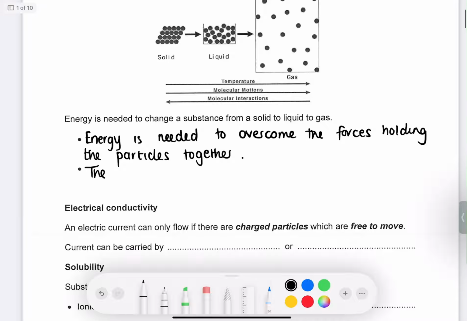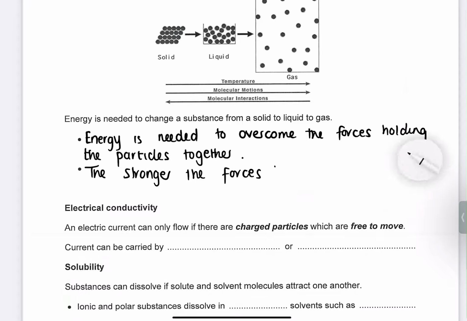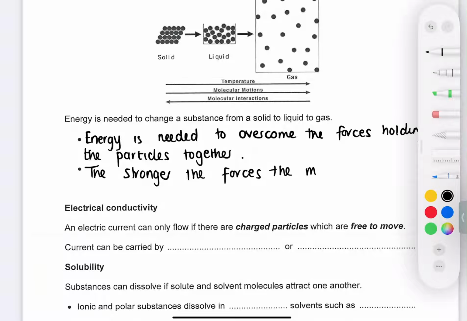The stronger the forces, so if they say that they're strong, the more energy is needed. Which means the higher the melting or boiling point.